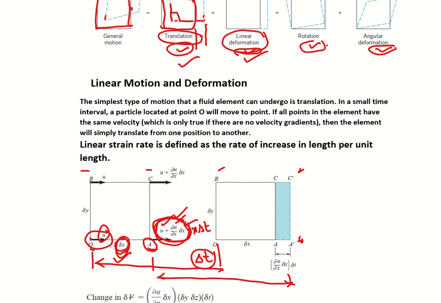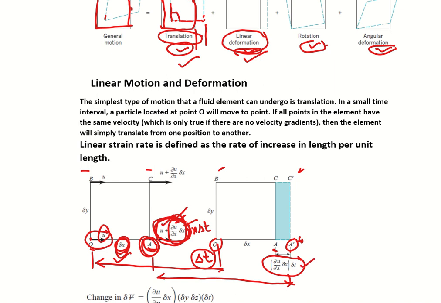Right, so it means that the position of this particle A will now be A dash rather than A, because of this excess velocity at point A in comparison to O. So what is this excess distance? A to A dash will be equal to this excess velocity. The excess velocity was equal to del u over del x into delta x, so del u over del x into delta x multiplied by time delta t.